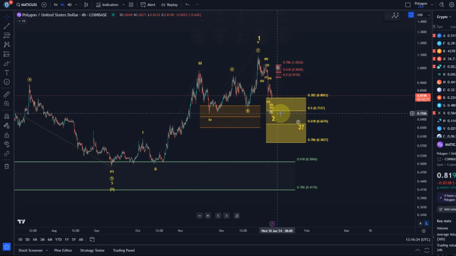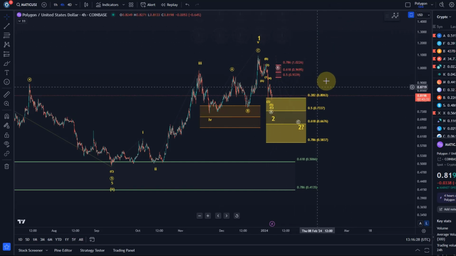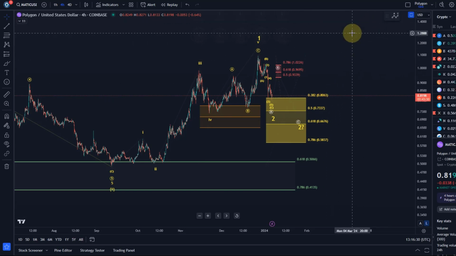And then we should get the 3rd wave rally afterwards, which is typically the most aggressive move in a cycle. Therefore, we are always looking for 1-2 setups because they provide the best reward to risk ratio. And also from a probabilities point of view, it's quite a favorable entry point, or situation.